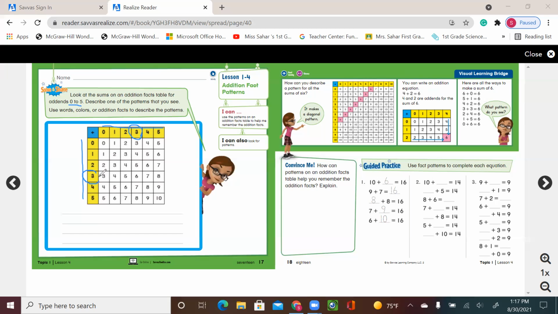So if I'm adding 3 plus 3, I'm going here. What do I see? 6. Because one addend was 3, the second addend was 3. So 3 plus 3 equals 6. Let's write this down.